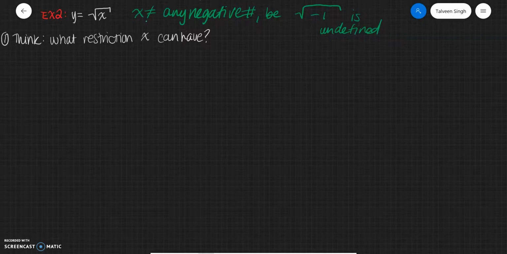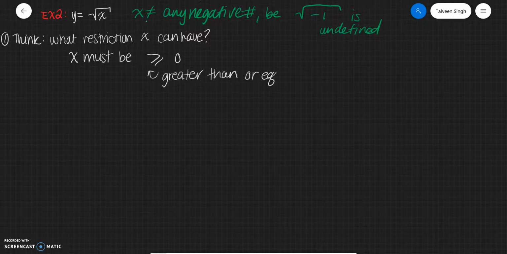Okay, so if x can't be any negative number, that means x must be greater than or equal to 0. This sign just means greater than or equal to. That means that x can be 0, 0.1, 0.3, 1, 2, 3, 1,000, anything that's not a negative number and is greater than 0. Right?